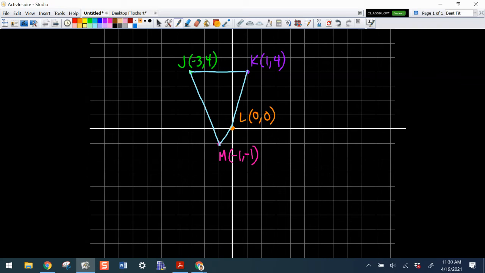J prime will be located at -4, -3. K prime will be at -4, 1. L prime will remain at the origin, 0, 0, and M prime will be located at 1, -1.